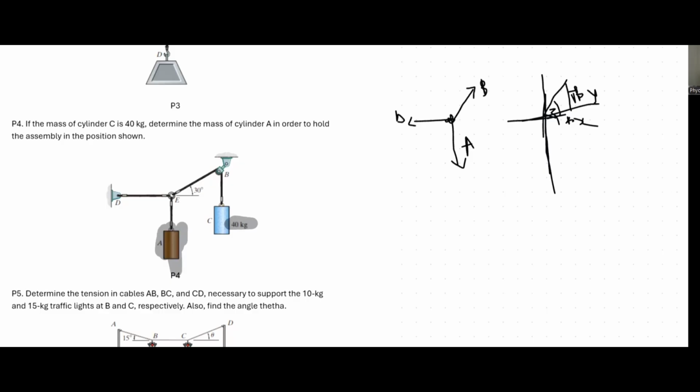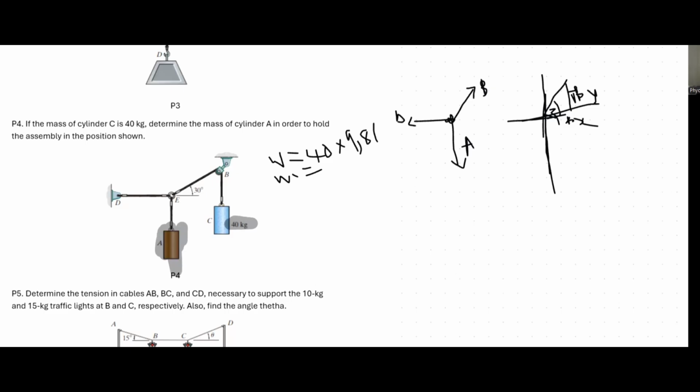So firstly, we're going to say weight for C. Weight C is 40 multiplied by 9.81.